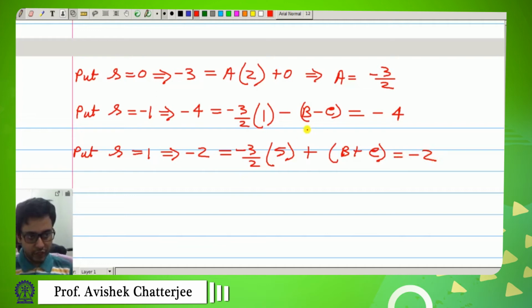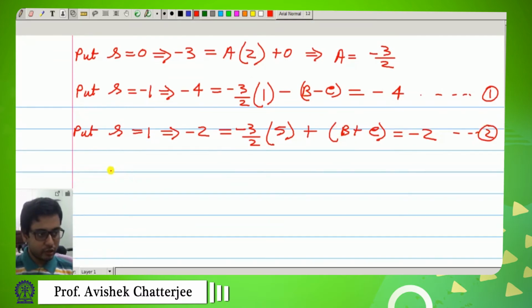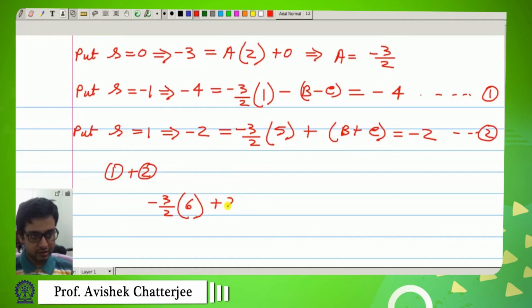Okay, now if we add these two equations, call it 1 and 2, then b will cancel. So from 1 plus 2, here we have minus 3 by 2 common, 1 plus 5 is 6, then minus b plus b cancels, then plus c, 2c equal to minus 4 minus 2, minus 6.